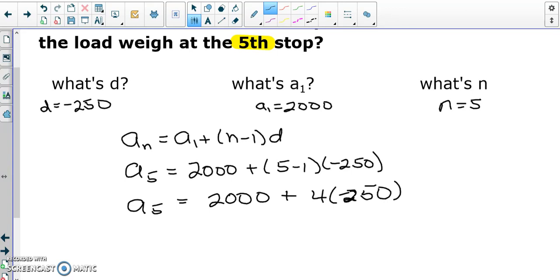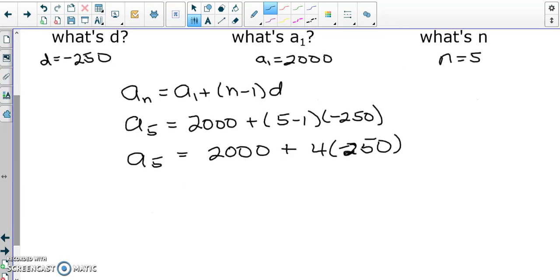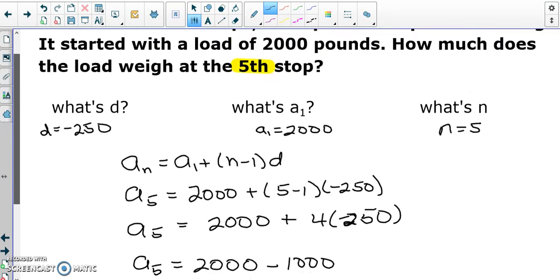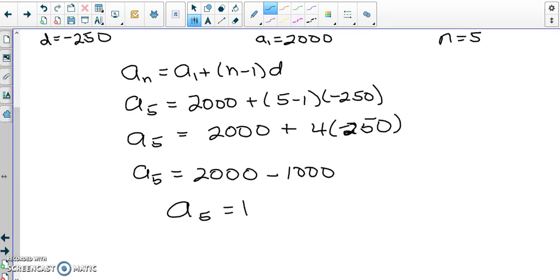And multiply 4 times negative 250, which is negative 1,000. So we get A sub 5 equals 2,000 minus 1,000. And so when we're done at the fifth stop, what did the question ask? How much does the load weigh? It'll weigh 1,000 pounds.